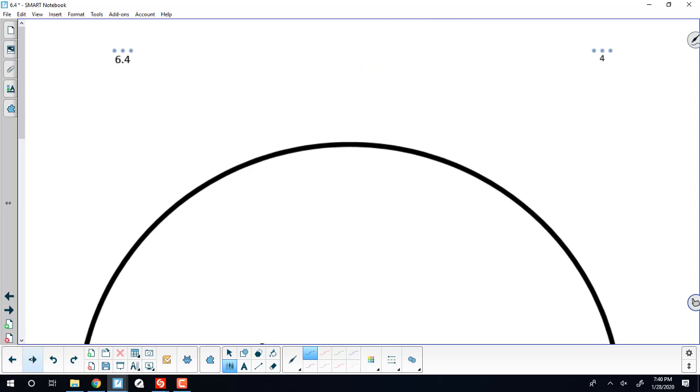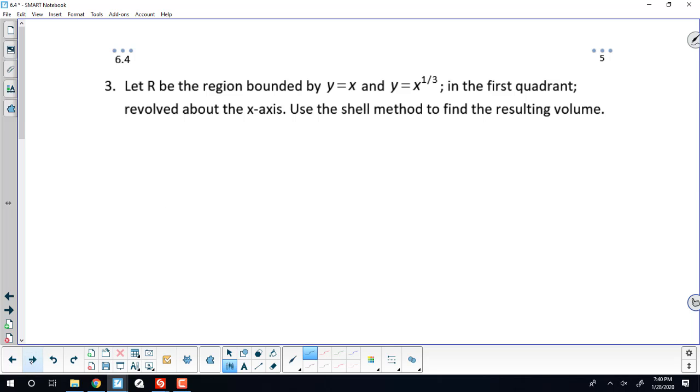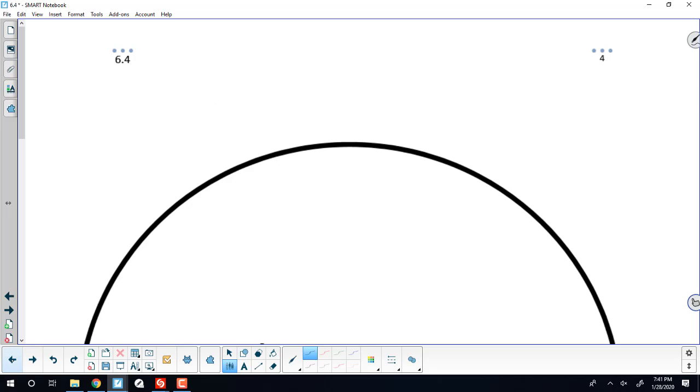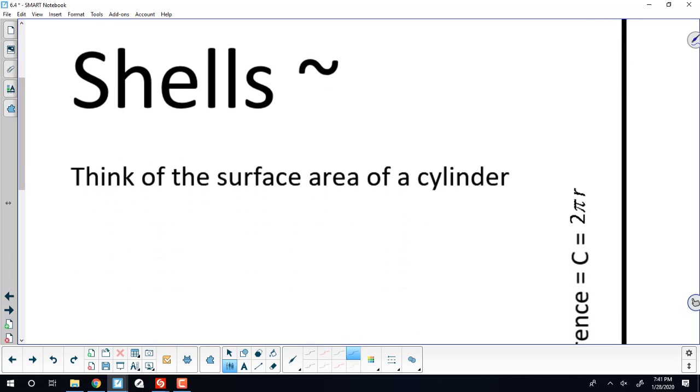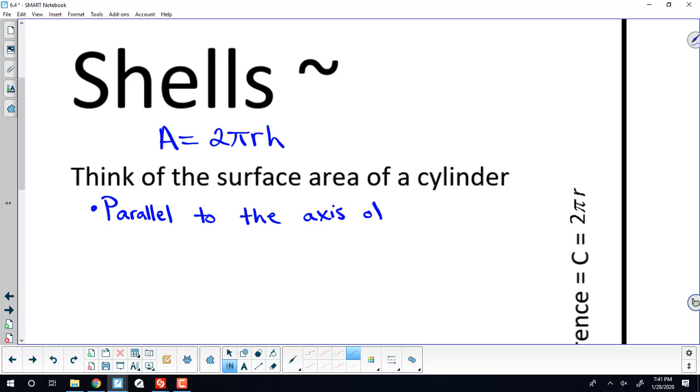Okay. So these were just sort of things we're going to skip. I guess let me just write some things here in case you want to take these 2 pages out. So the area of our cross sections are 2 pi r times h. And a couple of key things here. Shells are parallel to the axis of revolution.